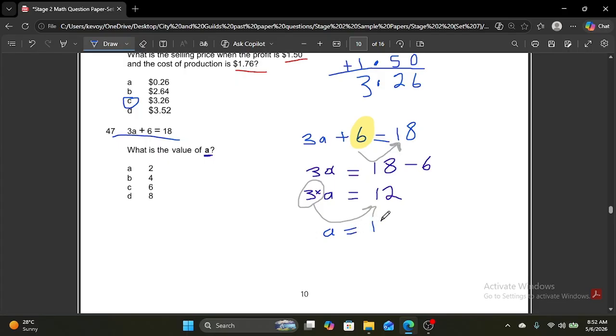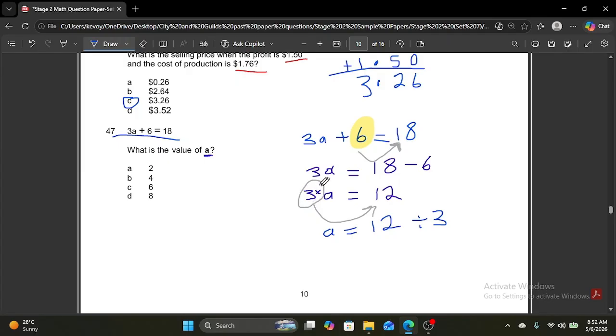12 divided by 3, because we move this number to the opposite side of the equal sign.